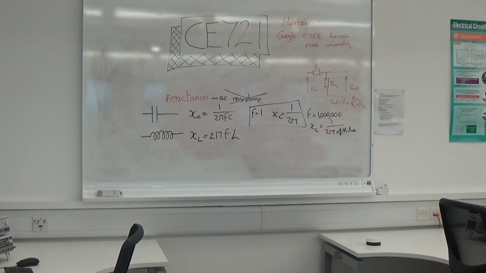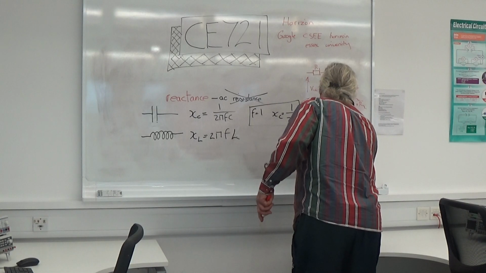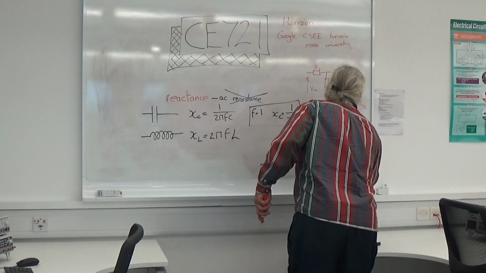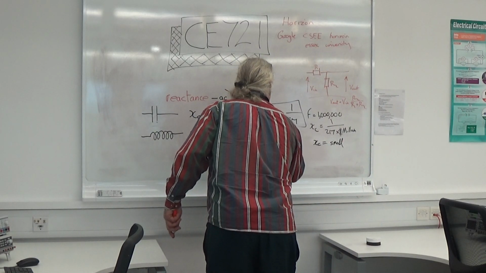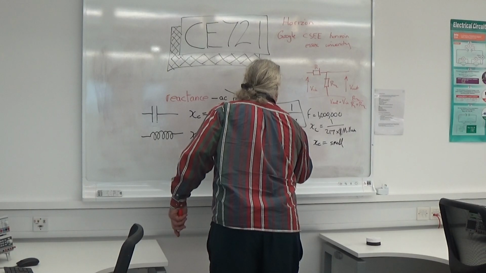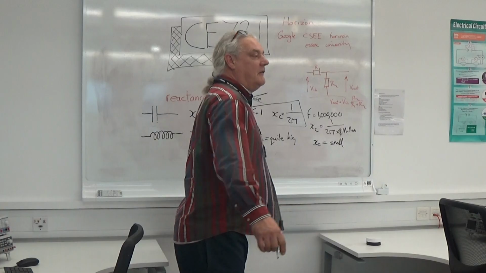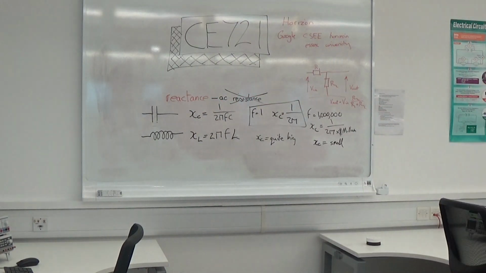Really small, right? So what that means is that this one here, XC, is small. And in this case here, XC is quite big. I'll leave you to work out what quite big actually means. But you can see, right?